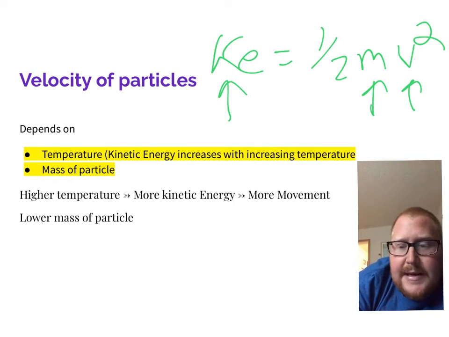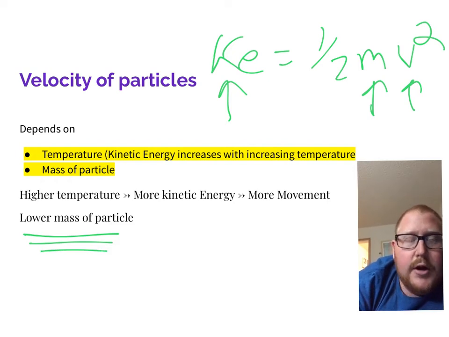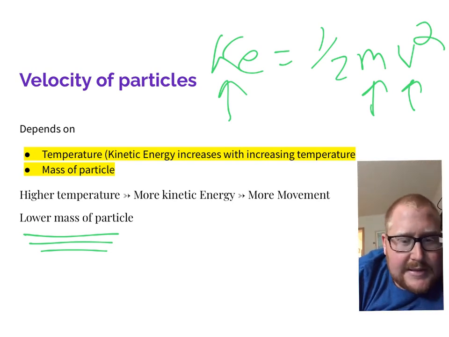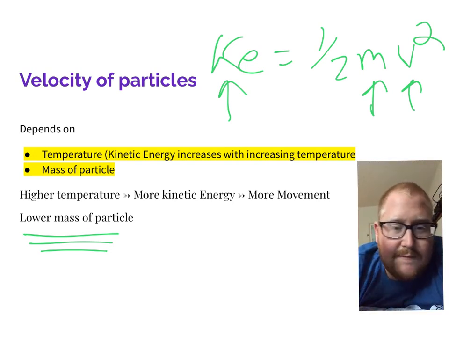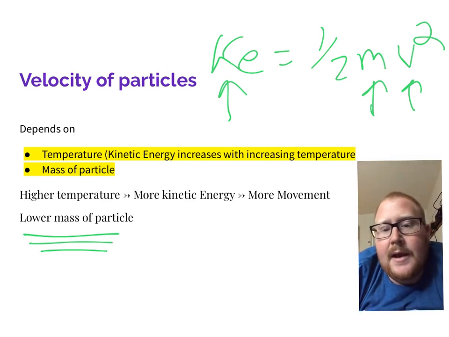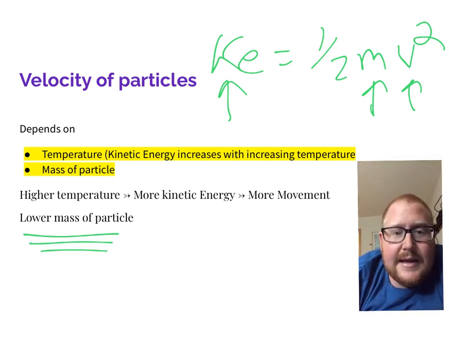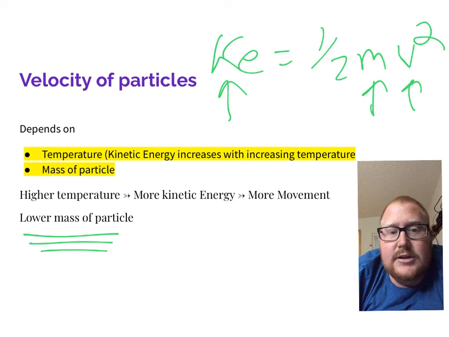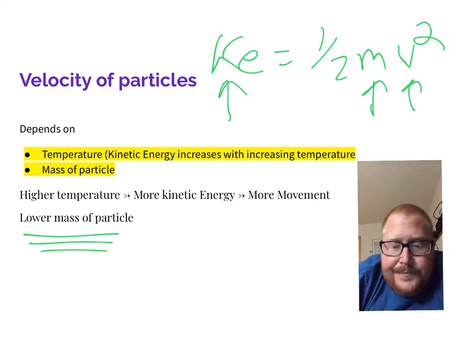So what this is going to end up meaning is that particles that are smaller are going to be faster. And that makes sense. Like a small car is going to be faster than a big truck because it has less mass to move around. So at a given kinetic energy, the velocity is going to be determined by the mass and that temperature.